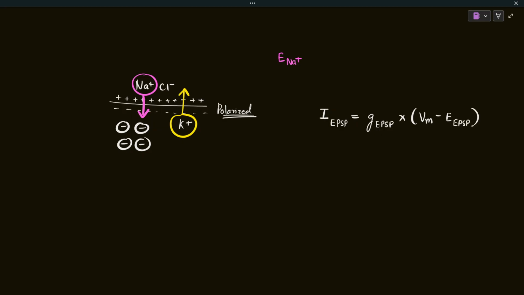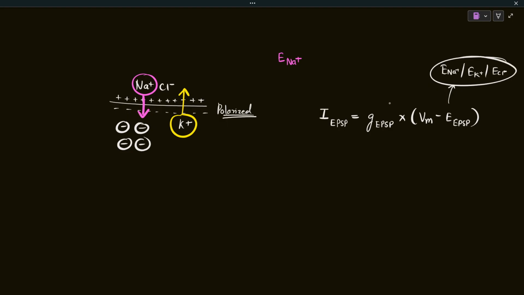This equilibrium potential is due to the sodium ions, this is due to potassium ions, this is due to chloride ions. So we are taking into consideration all of those ions.